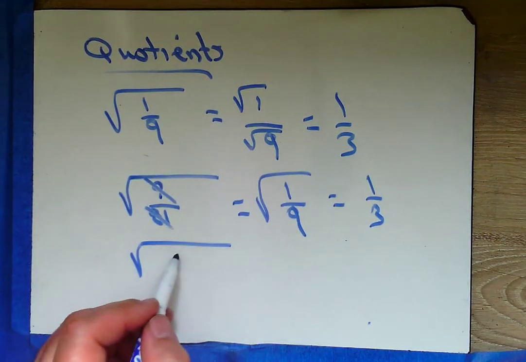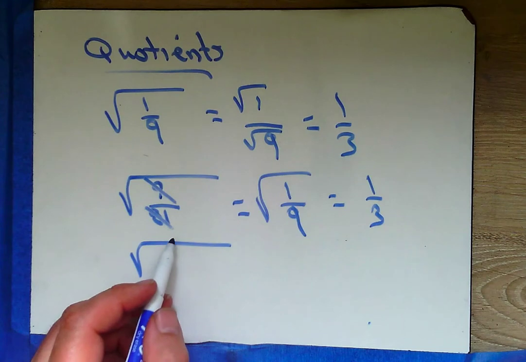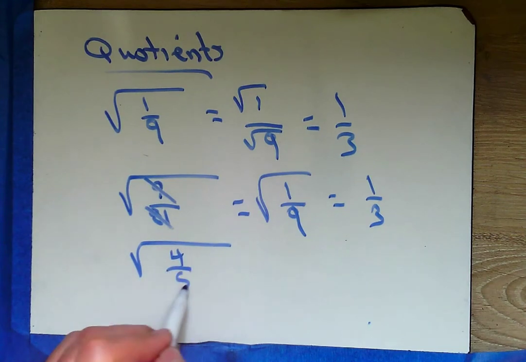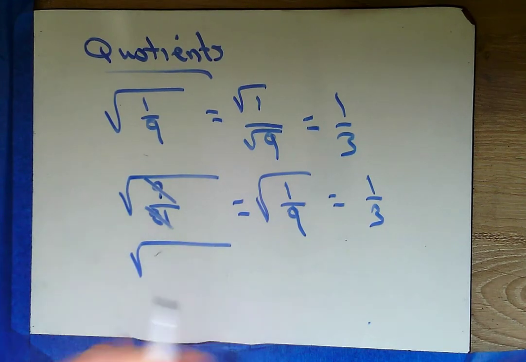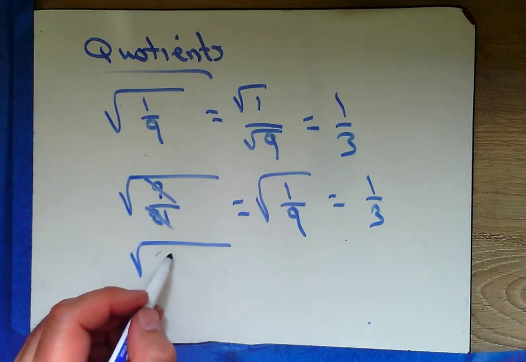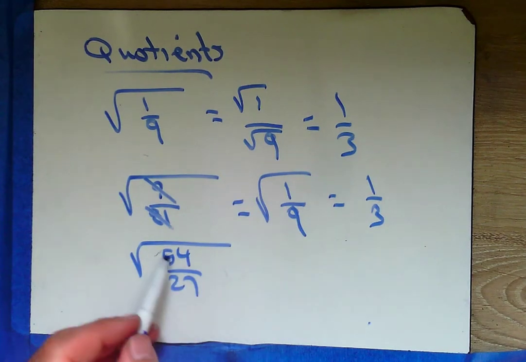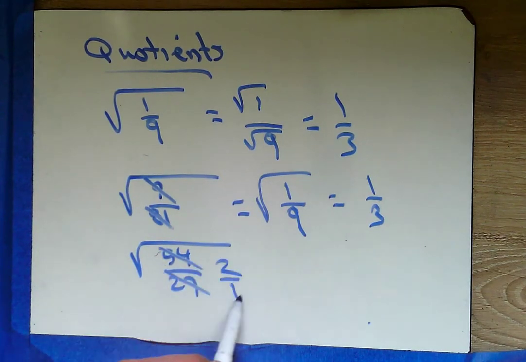That could be useful if I had 54 over 27. So that goes in twice, and so I just have square root of 2.